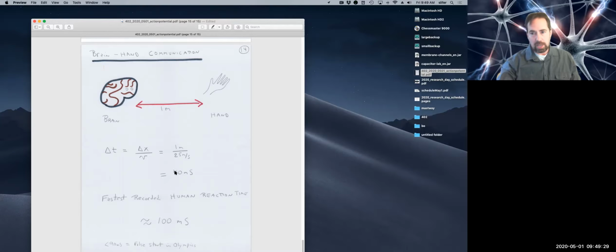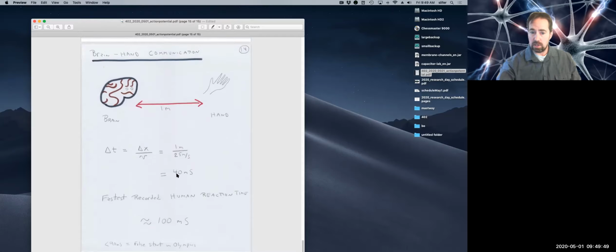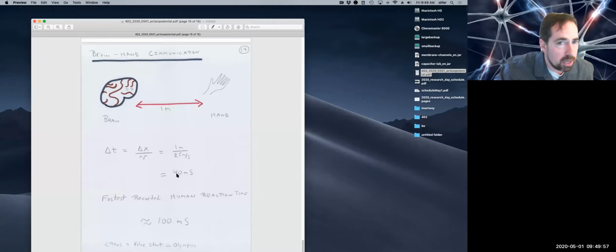This could be doubled to 80 milliseconds, and it gives fairly impressive agreement for this very simple model of this complicated structure, this axon, cell, and neuron system, where we say, hey, it's an RC circuit, and let's see what happens. You come out with a pretty close agreement with what seems to be reality. So that's our model here for the day.